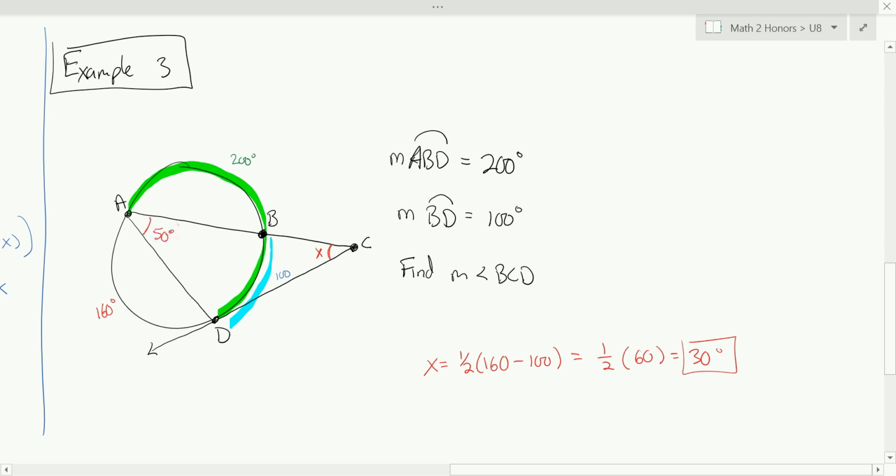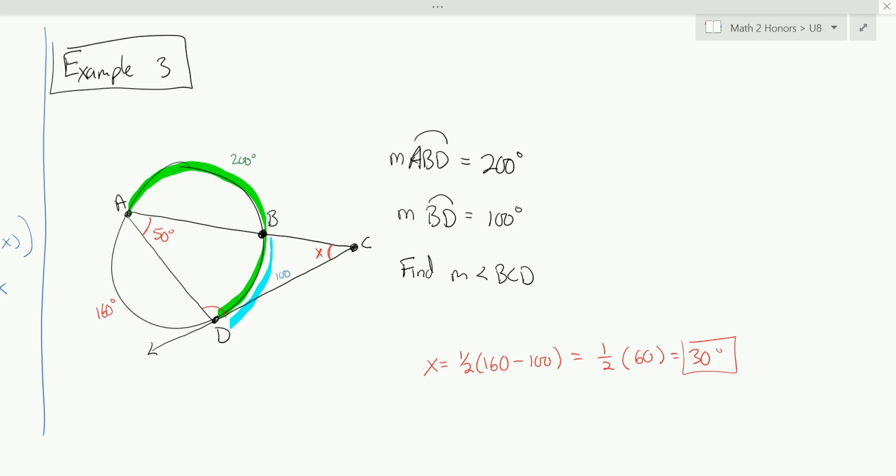That's an inscribed angle. Okay, keep going. Okay, everybody answer this. What is angle D? And don't pretend you don't know about the 30, okay? What is angle D?